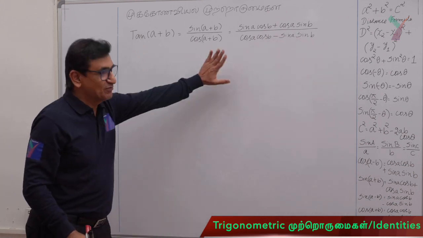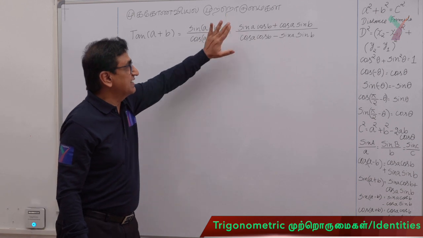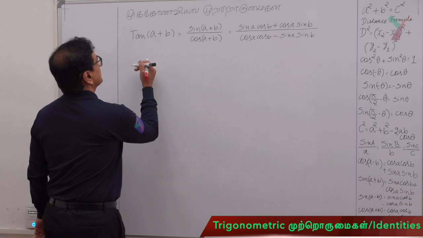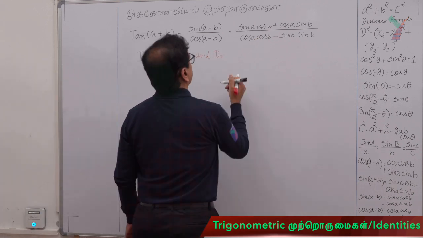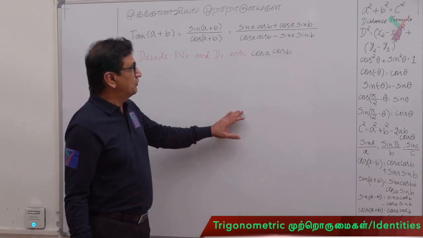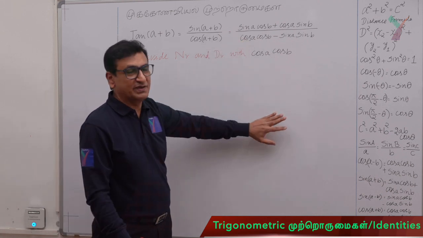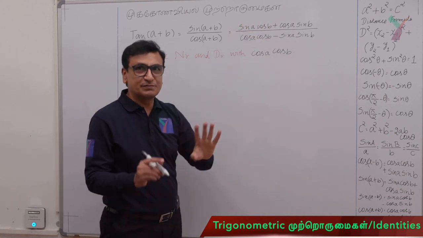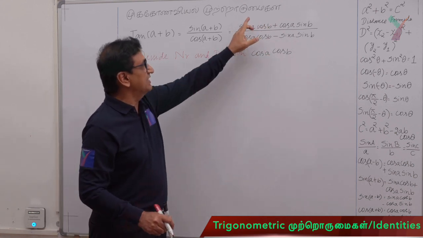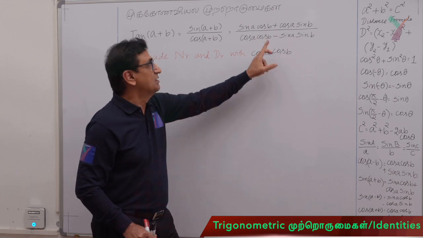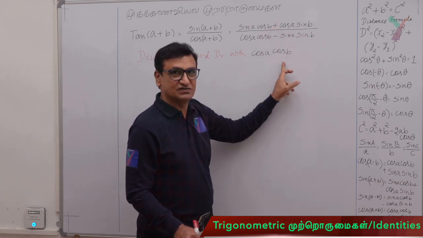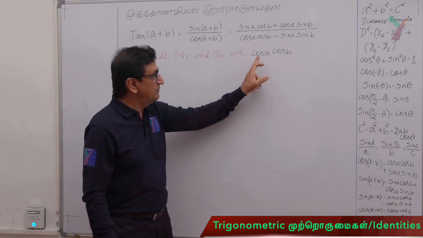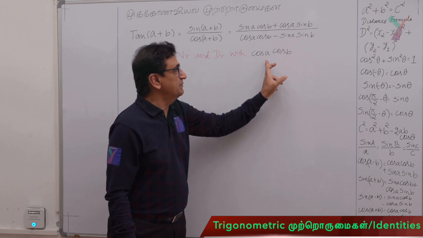Next, I am going to divide the numerator and denominator with cos a cos b. இப்போ நம்ம numerator denominator ரெண்டையுமே cos a cos b ஆல டிவைட் பண்ணா ஒவ்வொரு டேர்மையும் செப்பரேட் டிவைட் பண்ணலாமா? Because sin a cos b divided by cos a cos b plus cos a sin b divided by cos a cos b, whole thing divided by cos a cos b divided by cos a cos b minus sin a sin b divided by cos a cos b.